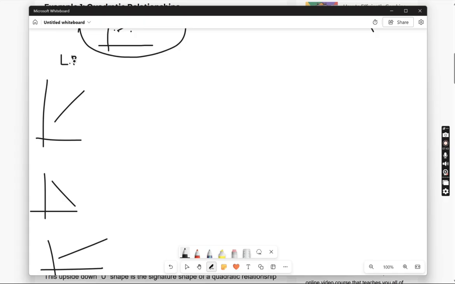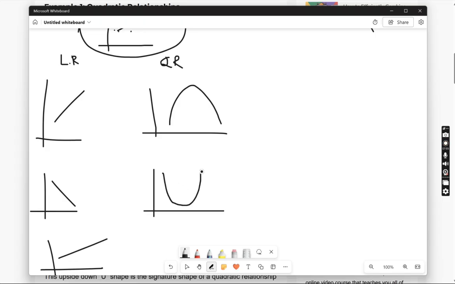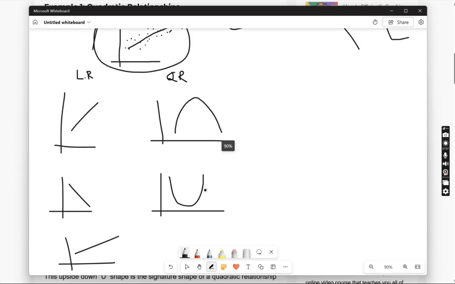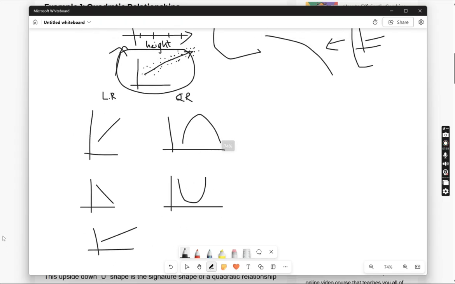Now a quadratic relationship is something that is U-shaped: first it decreases, then increases. This type of relationship is a quadratic relationship.